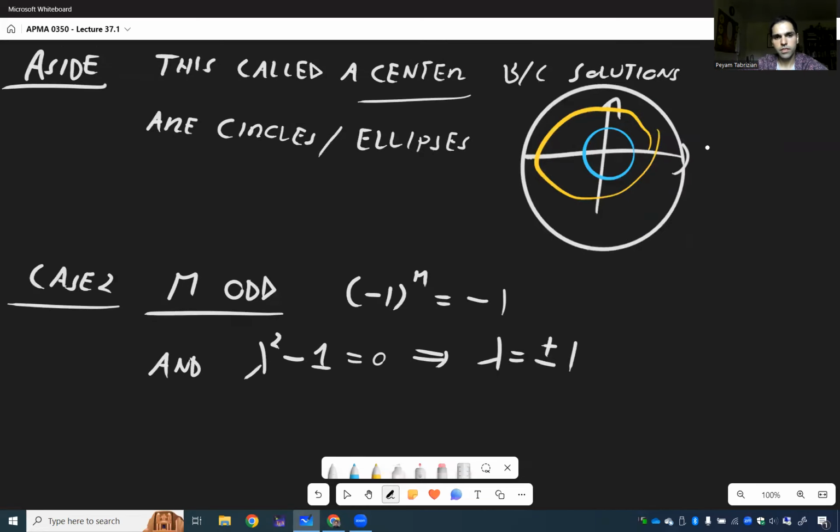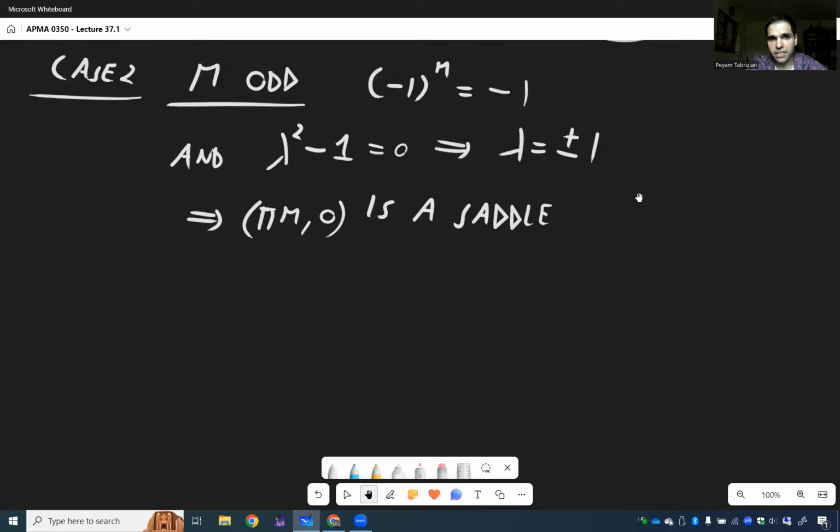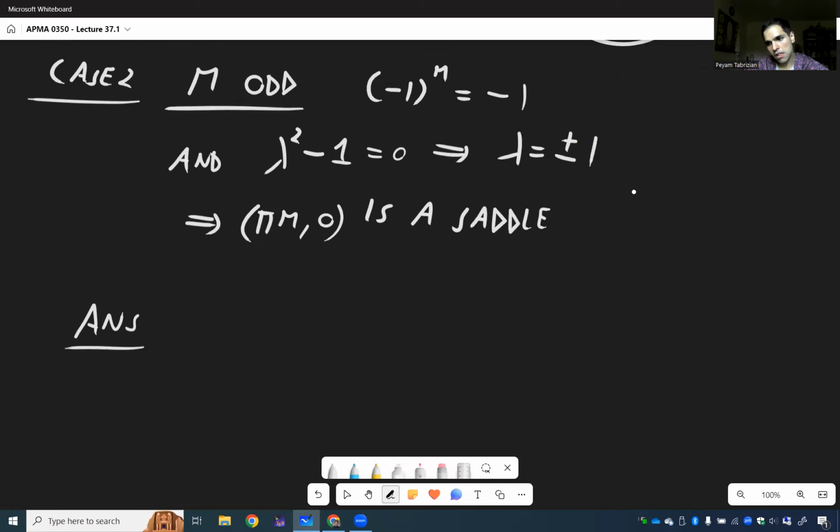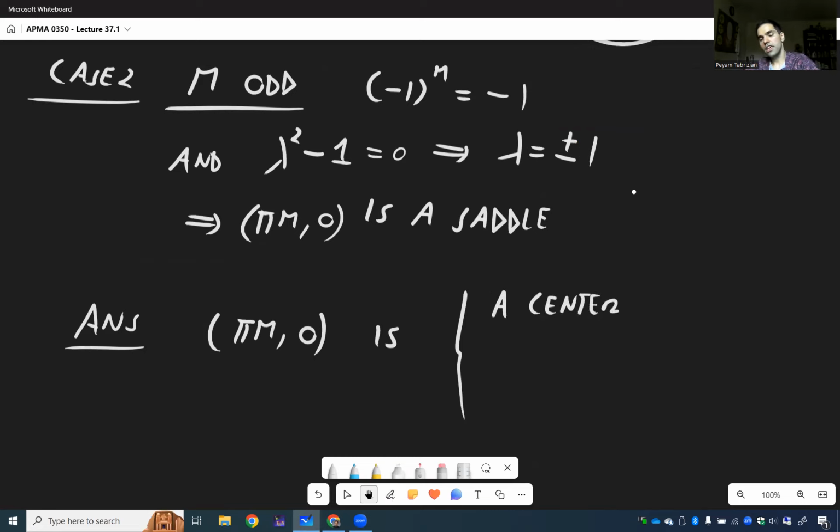So in this case, (mπ, 0) is a saddle. So in other words, what is our answer? Our equilibrium point (mπ, 0) is a center if m is even, and a saddle if m is odd.